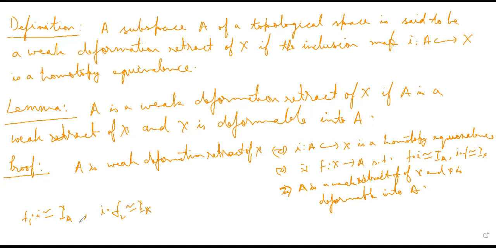Now this f1 and f2 in general may not be the same. Suppose the left homotopy inverse is f1, and there is some f2 such that the right homotopy inverse condition holds. So f1 is a left homotopy inverse of i and f2 is a right homotopy inverse of i.